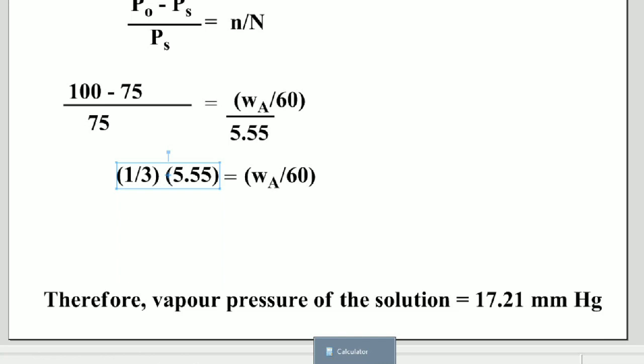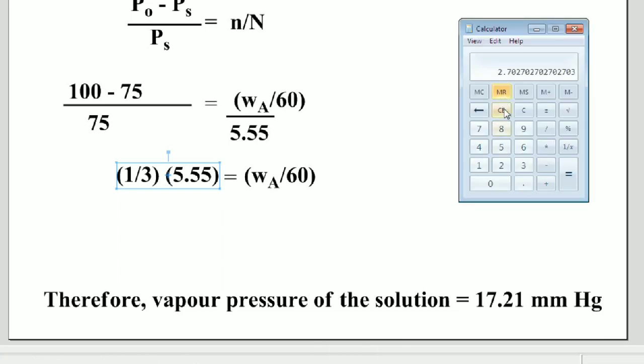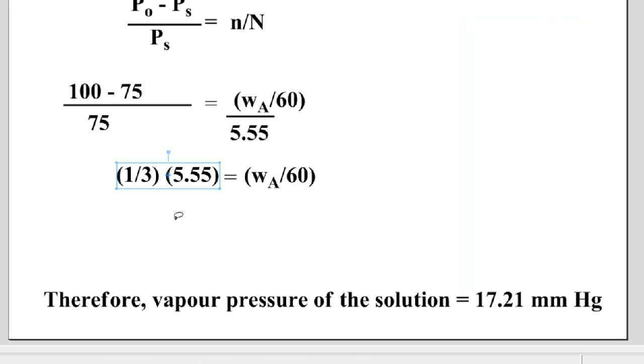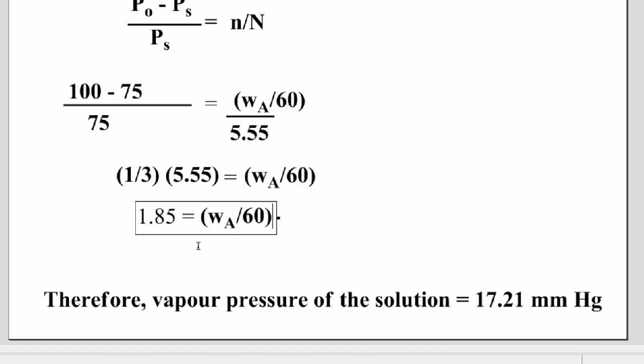So now we can calculate, students. 1 divided by 3 is equal to 0.33, and 0.33 into 5.55 we get 1.85. Therefore 1.85 is equal to Wa by 60.